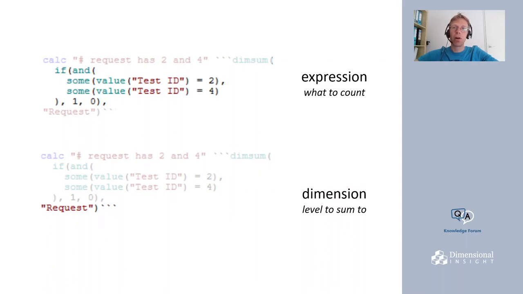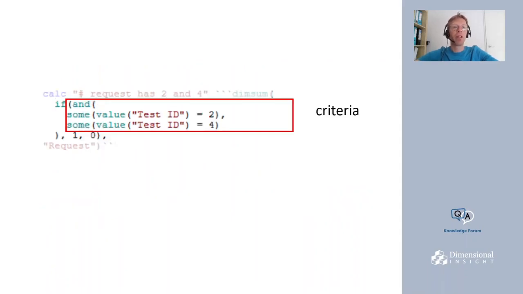If we look a bit closer at our expression, which states what to count, we can see that this is an if statement with some criteria in there. If both some value for test ID is 2 and some value for test ID is 4 hold true, because of the AND statement, then we sum 1.